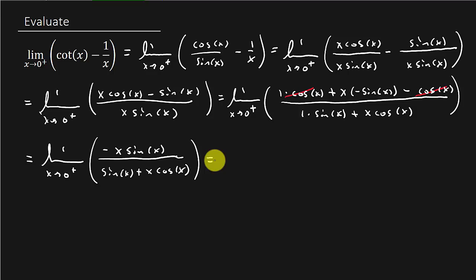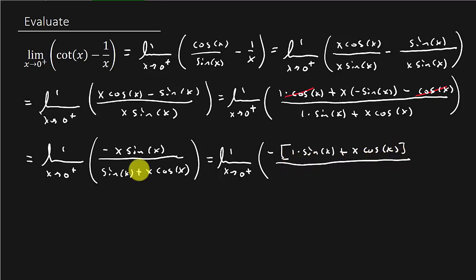All right, so we've got the limit as x goes to 0 from the right of negative. Now, I'm going to leave the negative out here. I'm going to find the derivative of this. So that's going to be 1 times sine x plus x times cosine x. That's the derivative of the numerator.